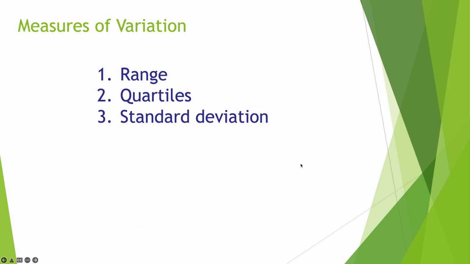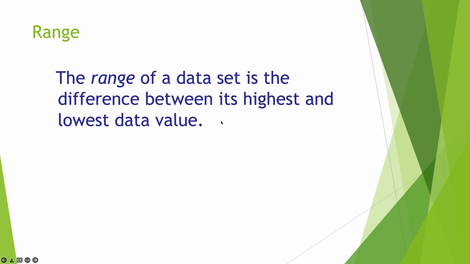Now, the measures of variation are range, quartiles, and standard deviation. Those are the 3 that we're going to go over. The range of data is the difference between the highest and the lowest. Range is something done in middle school. Range is simply highest minus lowest.